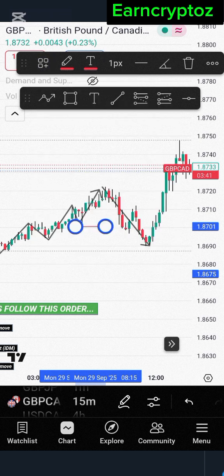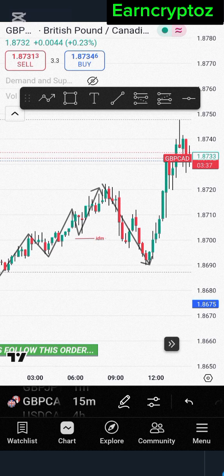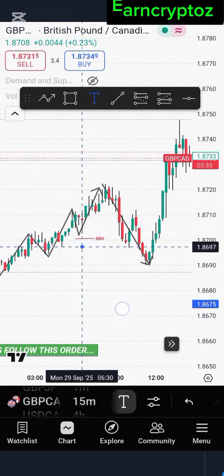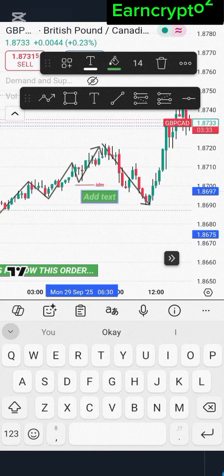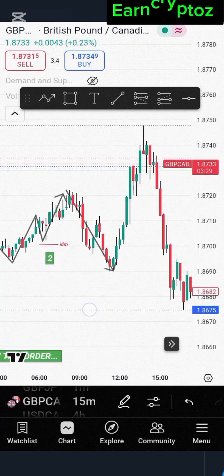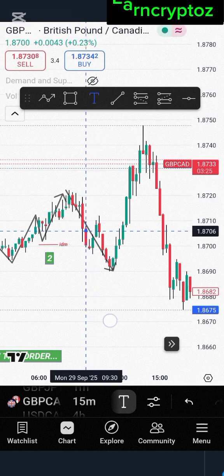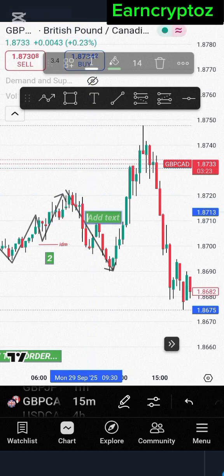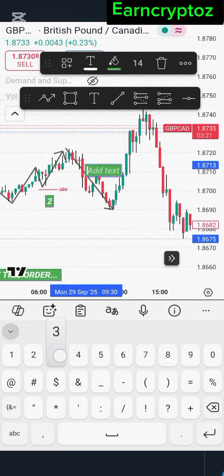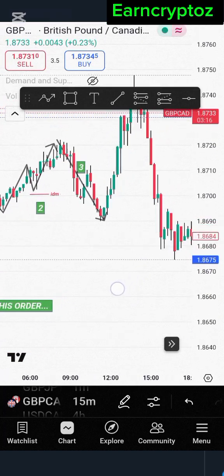So that's inducement, IDM. That's 2. Once you can number them like this, you always remember. Then we have this correction. That is 3. Correction is 3. If you forget any one, you can check the list again.